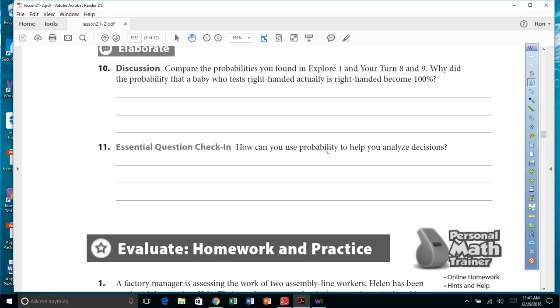Discussion. Compare the probabilities you found in Explorer 1 and your turn 8 and 9. Why did the probability that a baby who tests right-handed actually is right-handed become 100%? The perfect accuracy of the test for left-handed means that there are no left-handed babies who are misidentified by the test as being right-handed.